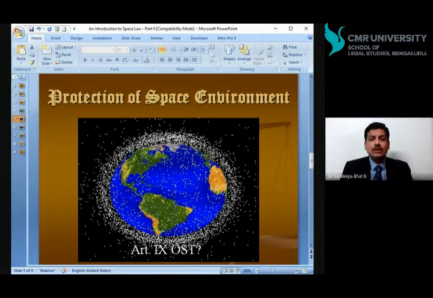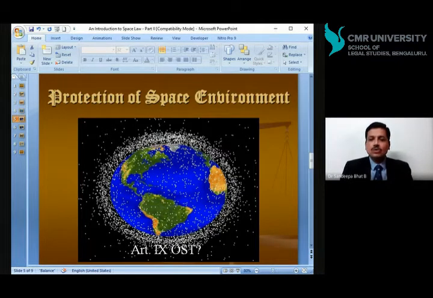So by virtue of all these things, it is very clear that our future activities in the outer space itself are threatened by the environmental pollution in outer space. With a lot of debris, there is more risk of collision. So penetrating this debris cloud and then launching a satellite into the outer space itself becomes a real problem. So this is the very reason why protection of the outer space environment is very, very important.